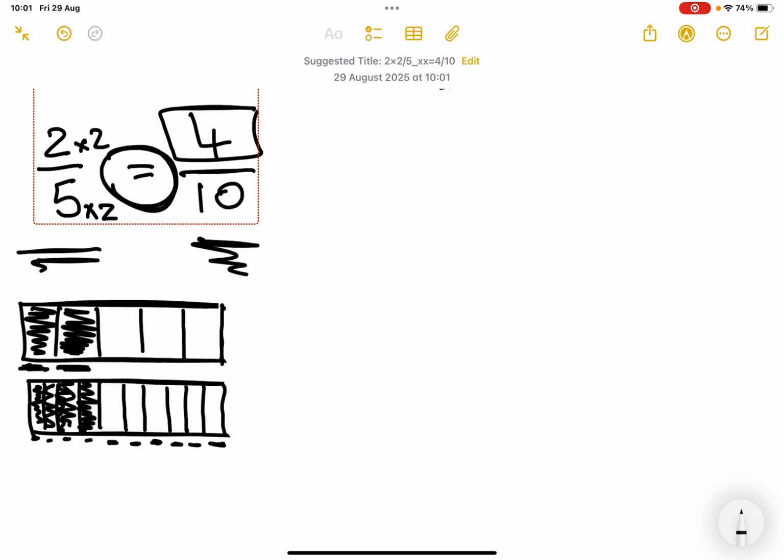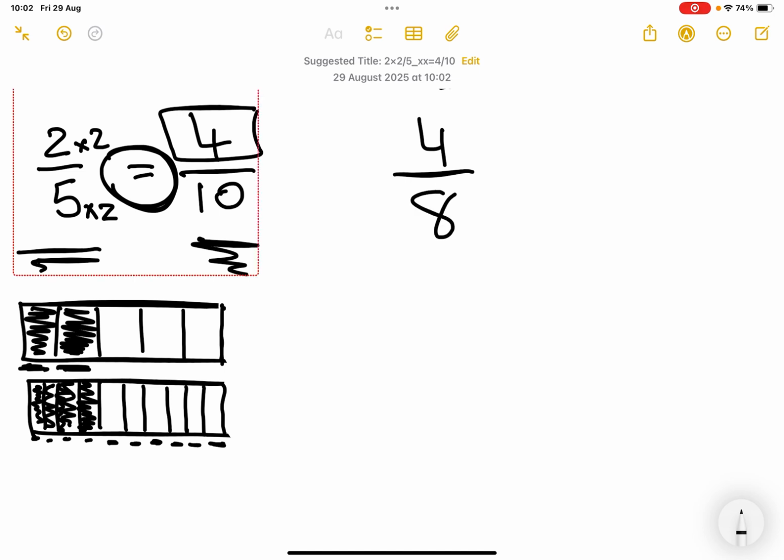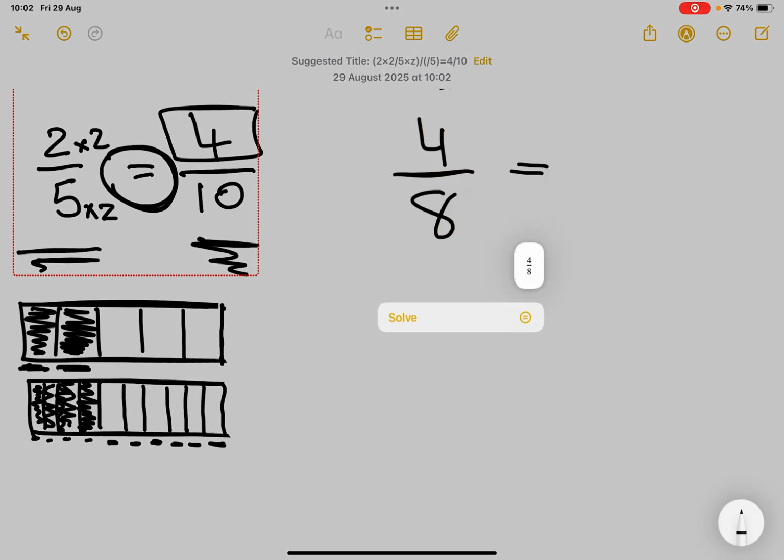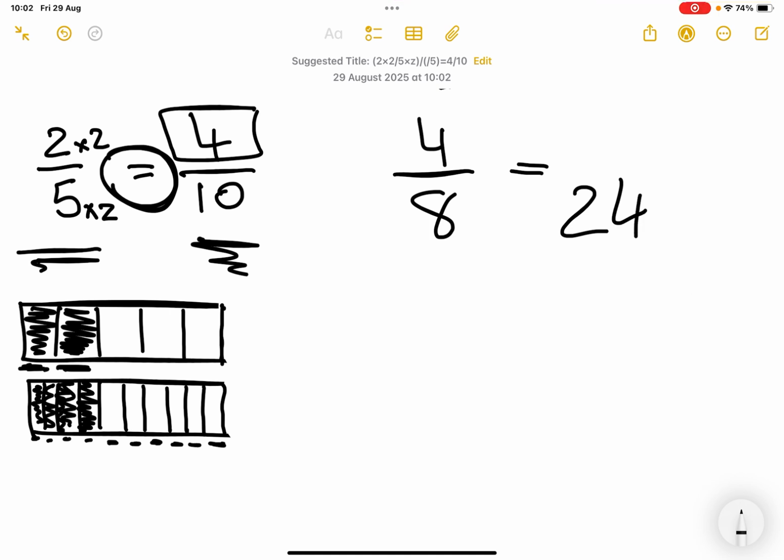Now I might have a different one. Let's do 4/8 is equal to something over 24.